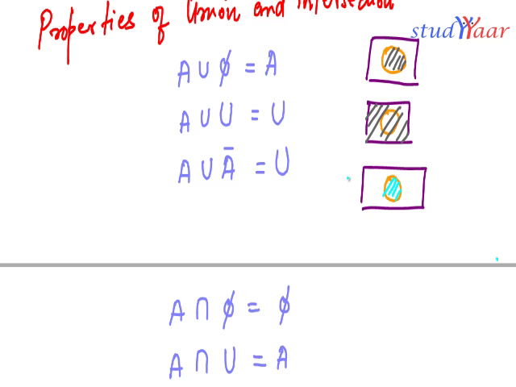This is your A, right? And this is your complement of A. And you are trying to take a union of both these regions. So what do you get out of it? You get everything. You get the whole region as the union of A and complement of A, which is nothing but the universal set.